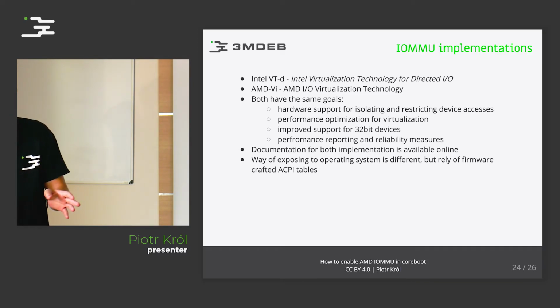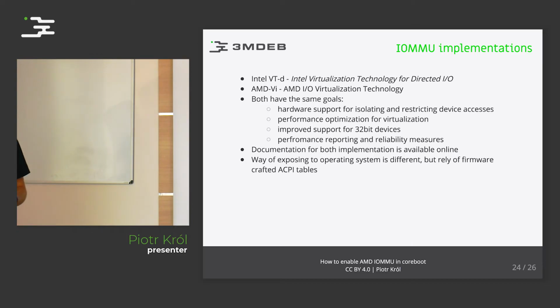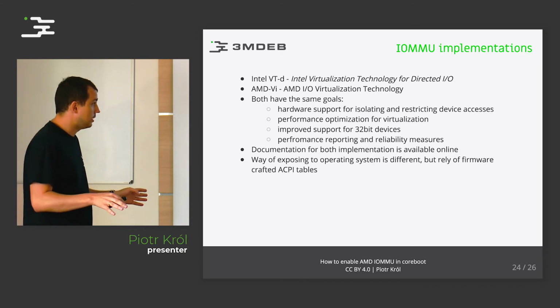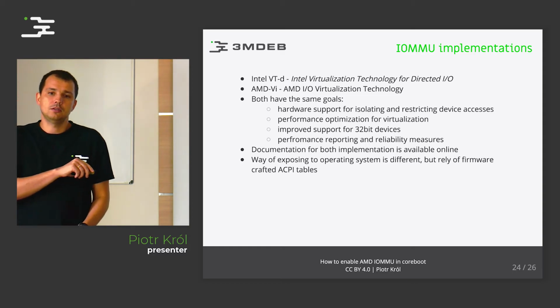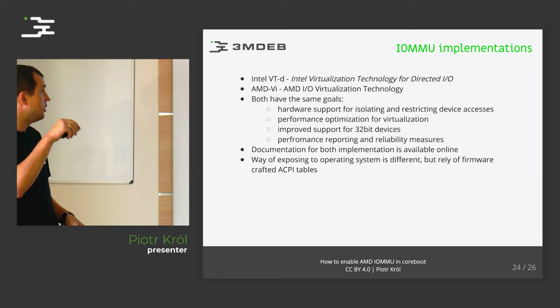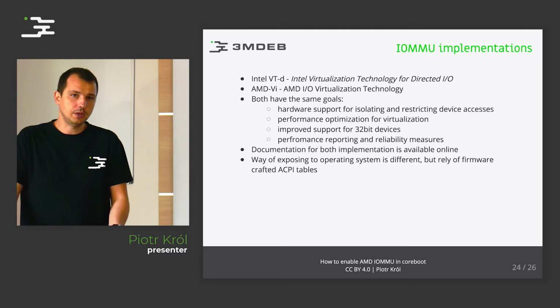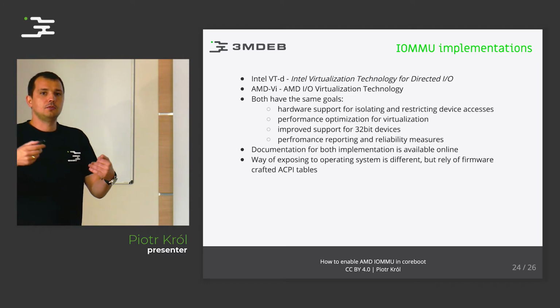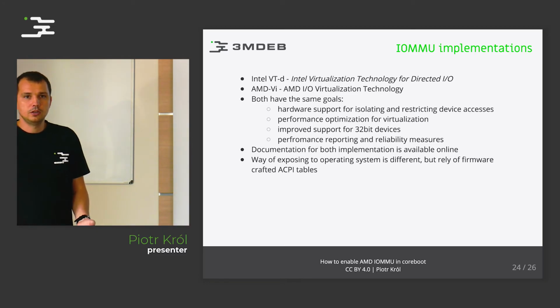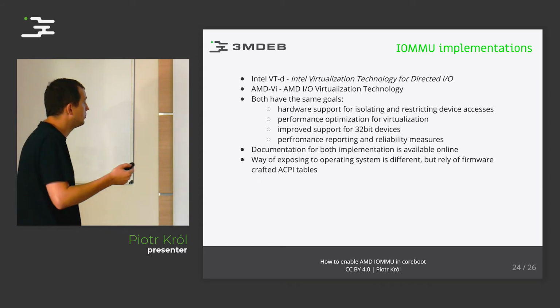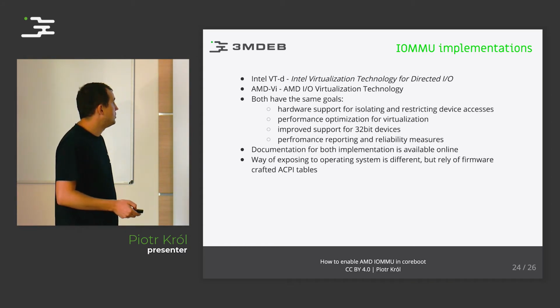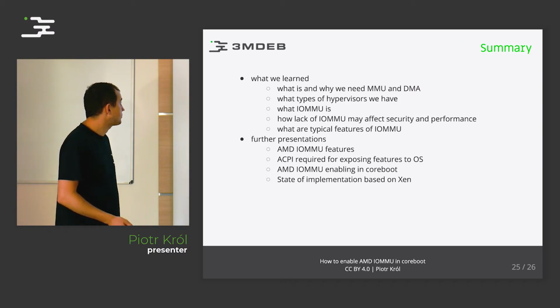Of course, there are some tricks we can do in the operating system to patch those tables if they are incorrect, but the key problem is that many systems deliver IOMMU with broken ACPI tables. And that's the work that firmware developers can do to improve the state of the IOMMU on PC devices.